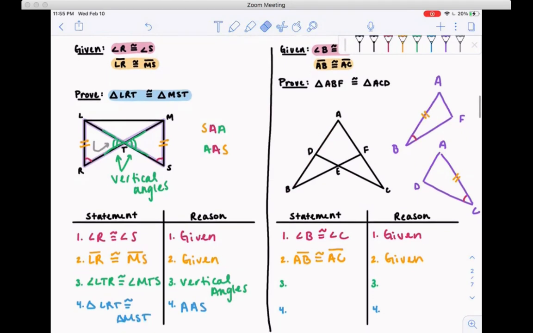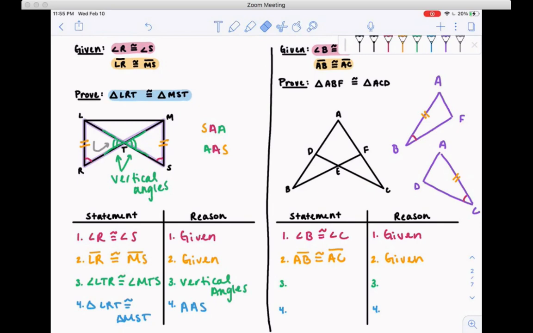All right, so we've got two matches. We've exhausted the given. So now we need to make a third match on our own. And to do this, we're going to use something that we've used a lot before, but we've never used it quite in this way. So these triangles are overlapping, which means they share some parts. In the past, when we've had overlapping or touching triangles, they've usually been sharing a side, and we've said that side is congruent to itself by the reflexive property.